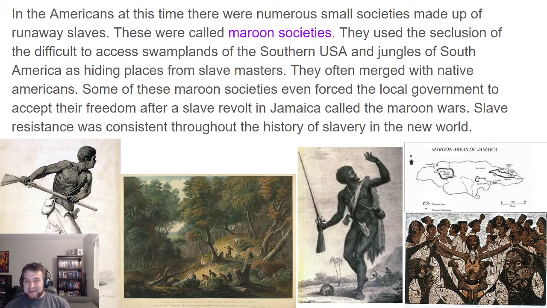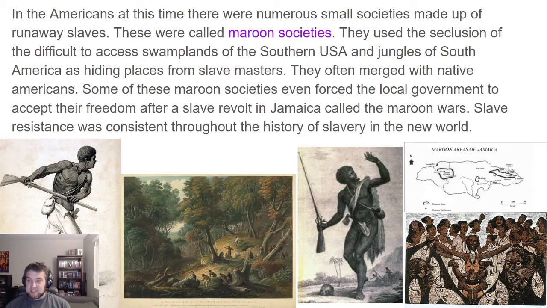There are many examples of these maroon societies, and they were collectively independent and aside from the plantation system. Later, there would be a slave revolt in Jamaica called the Maroon Wars, and if memory serves correctly, the slaves win that war, and they just win their personal independence. So I thought that was kind of cool.